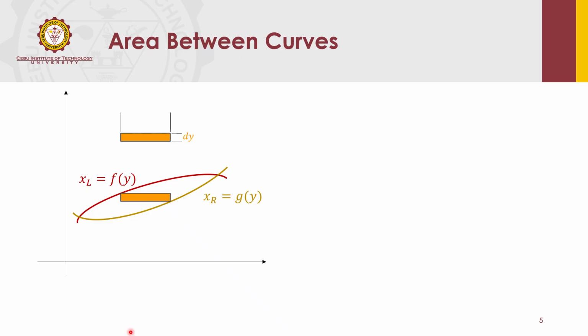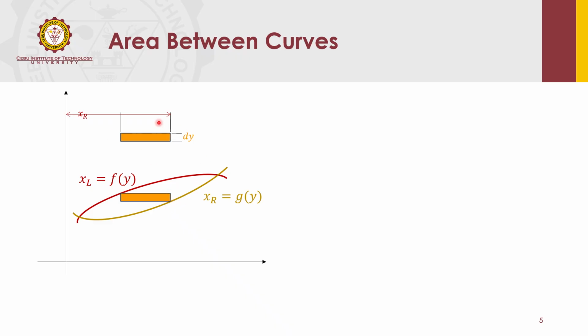So we get the distance of this point here from the y-axis. So take note that the right end of the horizontal strip touches this right curve and the left end touches this left curve. Okay, so this distance from the y-axis is the x-coordinate of this point here.